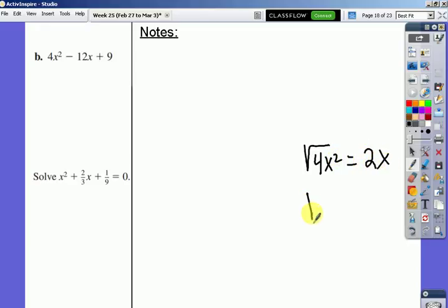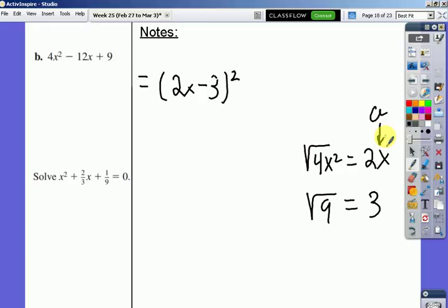I'm going to take the square root of 9, and I get 3. 3 times 2x is 6x, double that is 12x. That works. So that means that this factors down to be 2x minus 3 squared. So it's a minus b squared. This is the a, and this is the b, the square root of this.